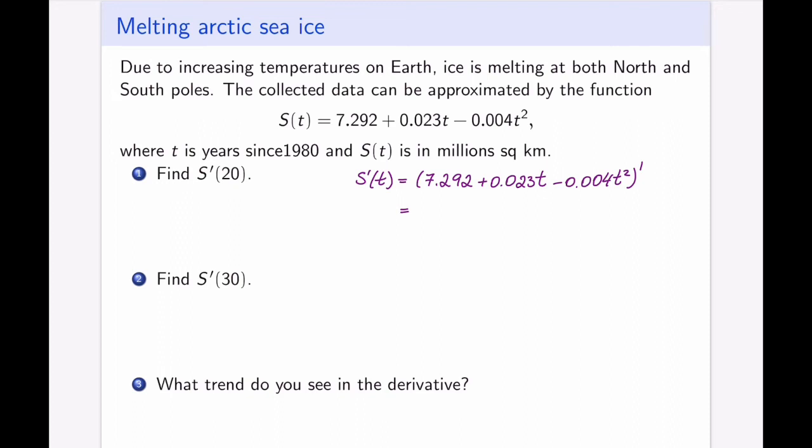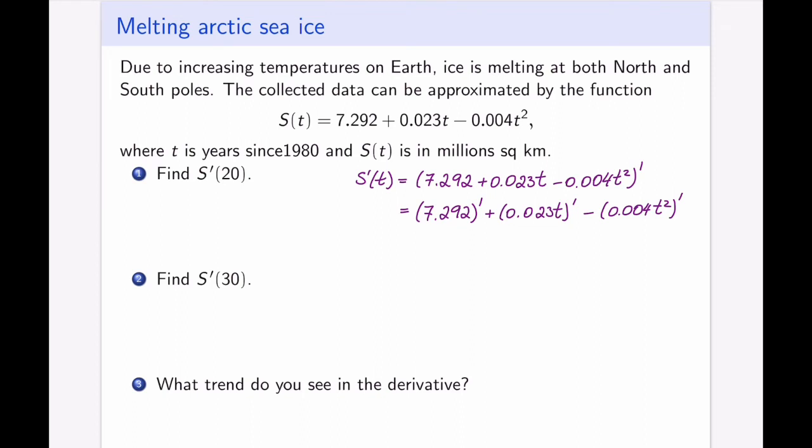Okay, so we start off by saying we would like to take a derivative of this entire expression, and then one of the first rules that we can apply is the fact that the derivative of the sum is the sum of the derivatives, so we can take each one of these terms separately and differentiate them one at a time.